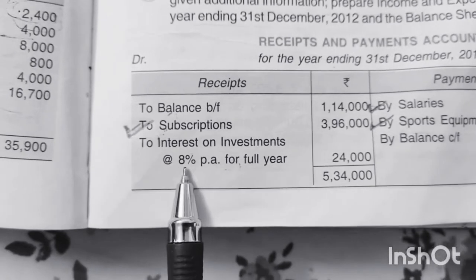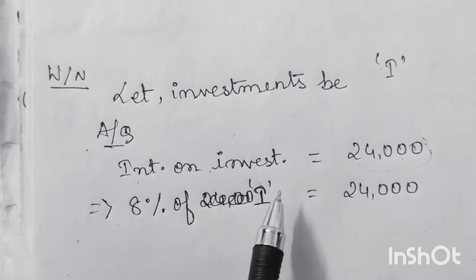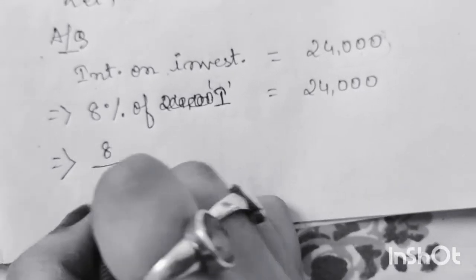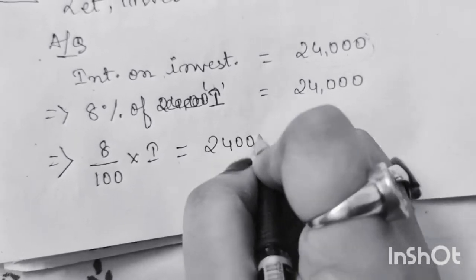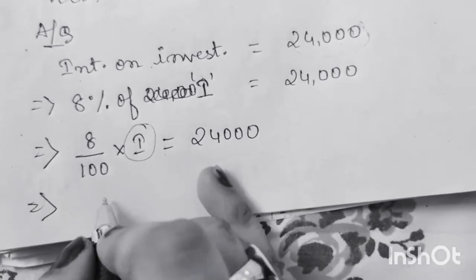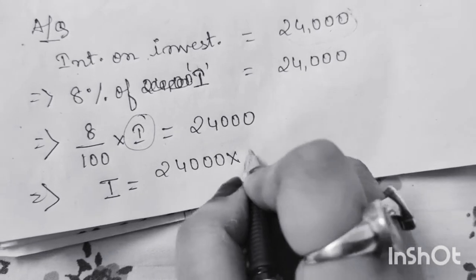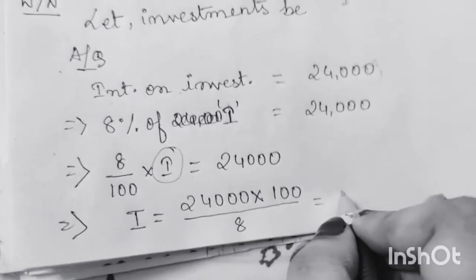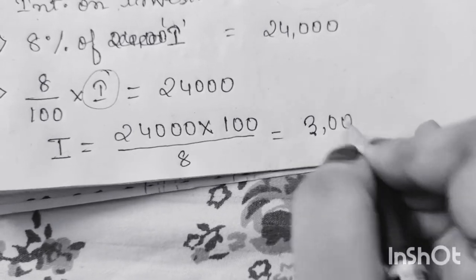Now, as we know, the rate of interest is 8%, that means 8% of investment, the investment value is I. So 8% of I is equal to 24,000. Now 8 by 100 into I is equal to 24,000. Since we have to calculate the value of I, I is equal to 24,000 into 100 by 8. If you make the calculation, you will get 3 lakh.